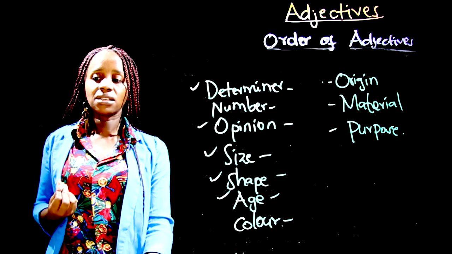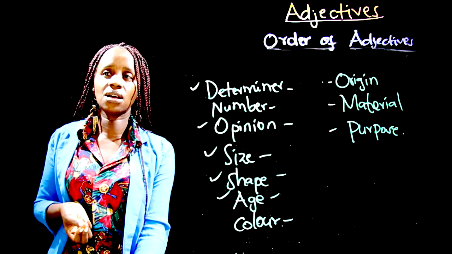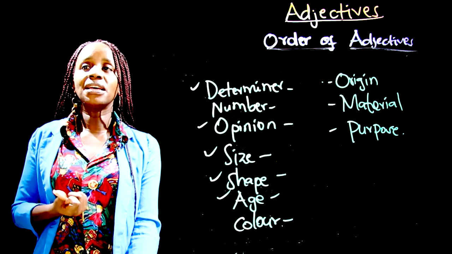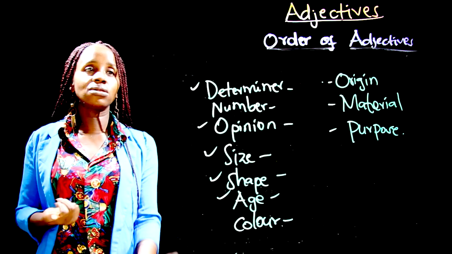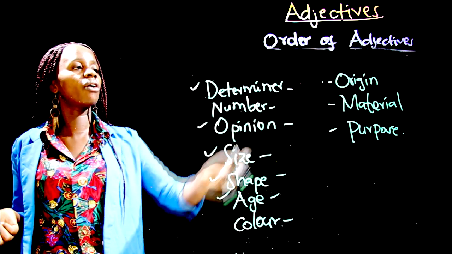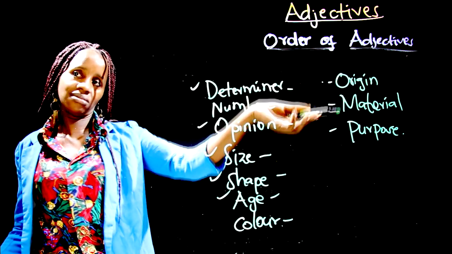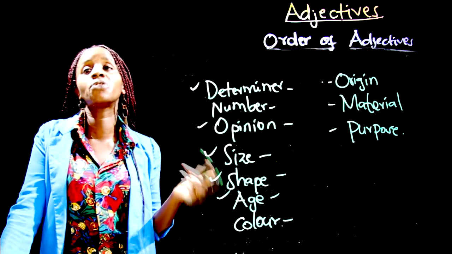In our previous exercise, you noticed the fourth question was going like this: English milk is stronger than French milk. English milk means that milk originates from England, and French milk originates from France.